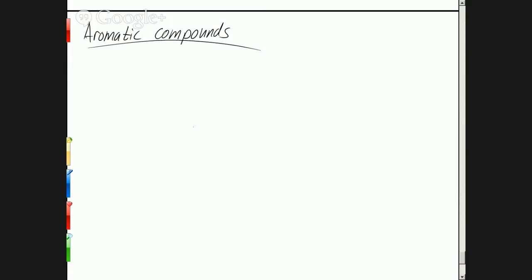It sounds like something to do with smelling. Yeah, but actually that's not right in this case. It's an old name because, yes, some of the first things that were discovered that work this way were indeed smelly.